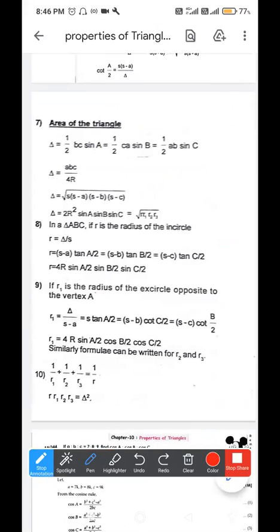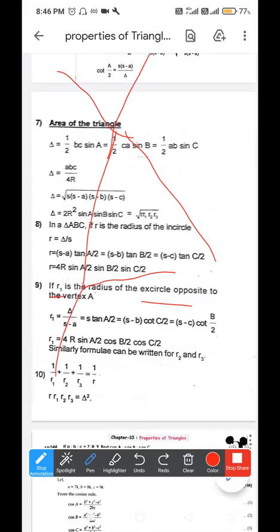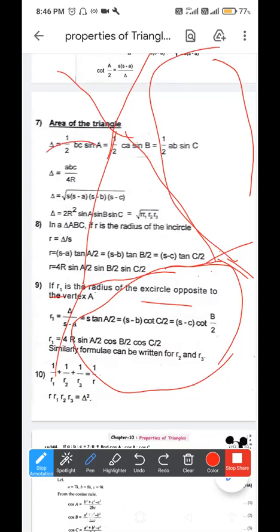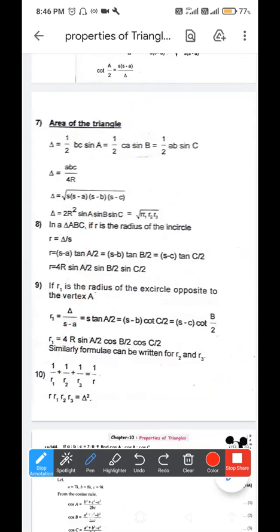Now only two formulas are left. If r1 is the radius of the excircle, so what is an excircle?